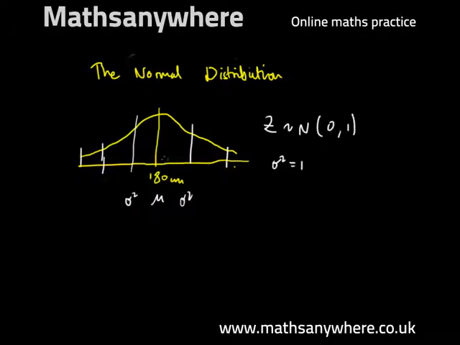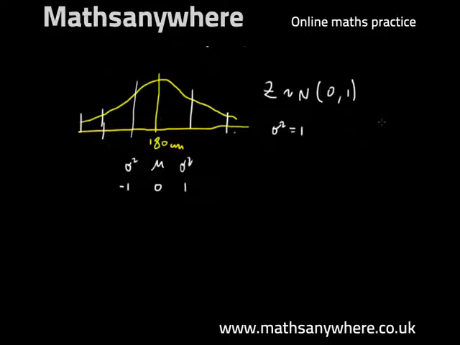So our modelled distribution of the normal distribution has a mean of 0 and a standard deviation of 1. So 1 would be here, minus 1 would be here, and then that could be used to work out probabilities of people being of a certain height.